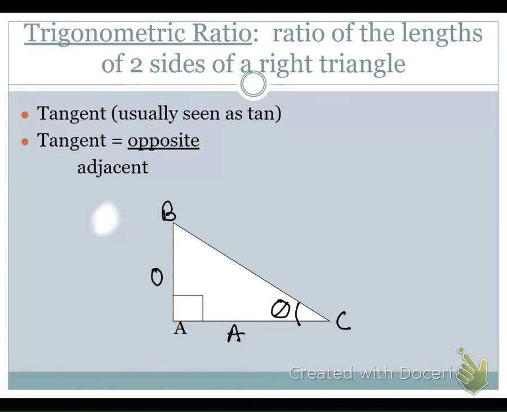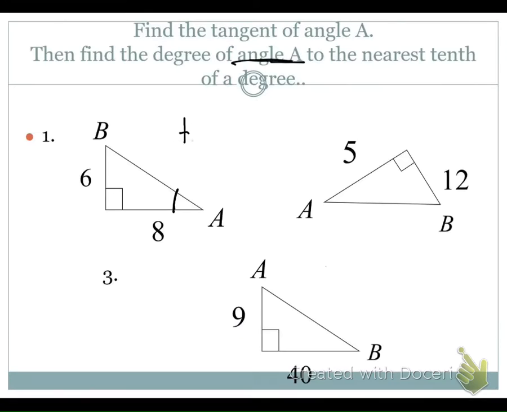On your page, you guys want to know that there are 3 trigonometric ratios. And then your other 2 blanks were tangent and then tan. So in terms of tan theta equals BA over AC. It says find the tangent of angle A, then find the degree of angle A to the nearest tenth.